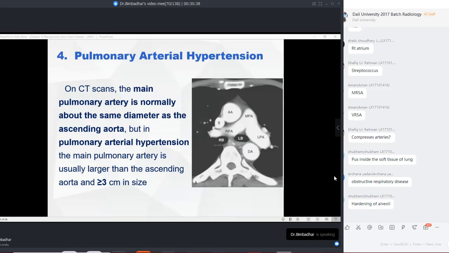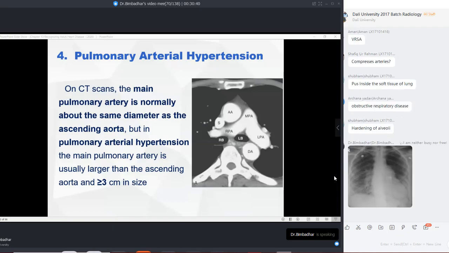How do we see it? Look at the image I have shown you in your chat box. In this image, what is there?